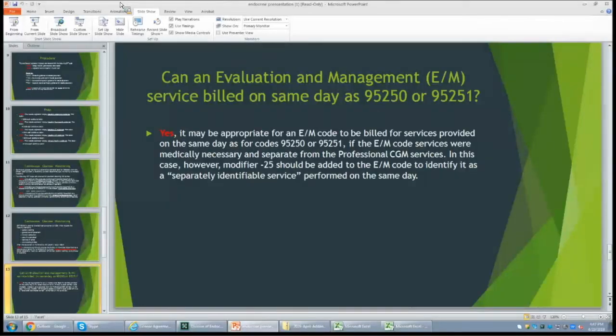So how do you add the modifier? In Epic, you're supposed to see your visit, and then there's a small box on the right next to the evaluation and management service, and on the top it says mod. That is what is asking you for the modifier in your charge capture.